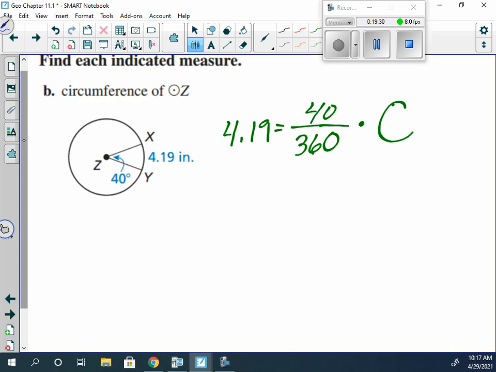So what can we do next? We can do 40 divided by 360, which is 0.1 repeated, or 1/9. It will reduce to 1/9. So what can we do next to get C by itself? We can divide both sides by 1/9.